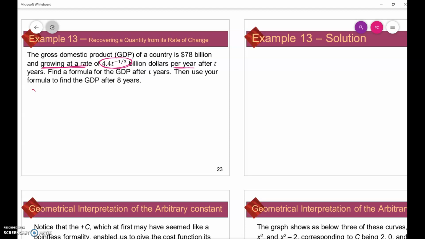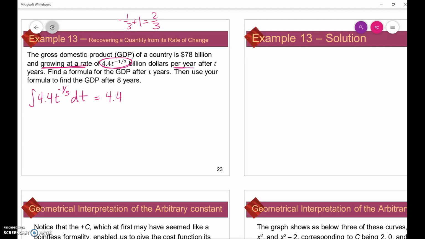So I need to integrate 4.4 t to the negative 1/3 dt. Okay? So here we're going to have 4.4, and I totally forgot my 1. Sorry, negative 1/3. 4.4 times, if we do negative 1/3 plus 1, we get 2/3.